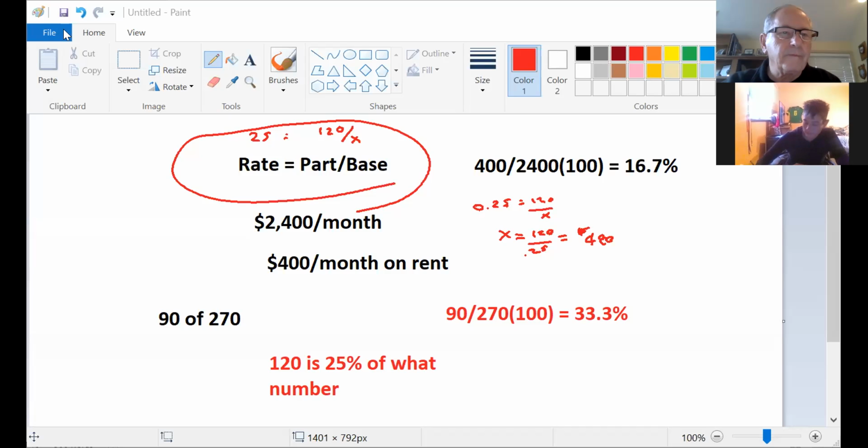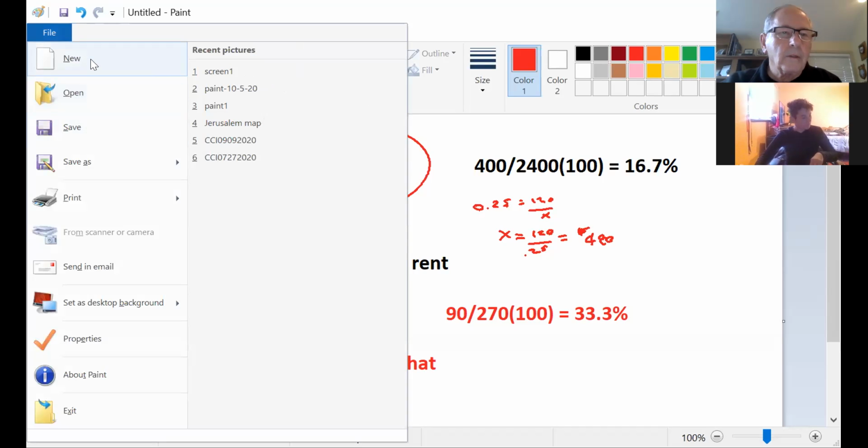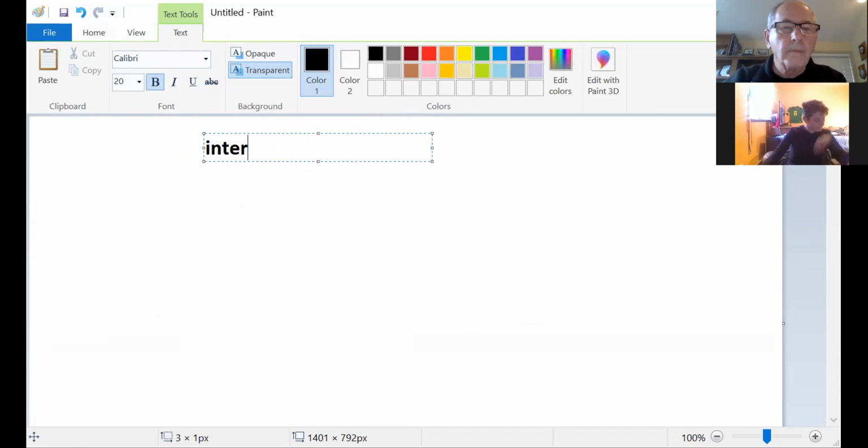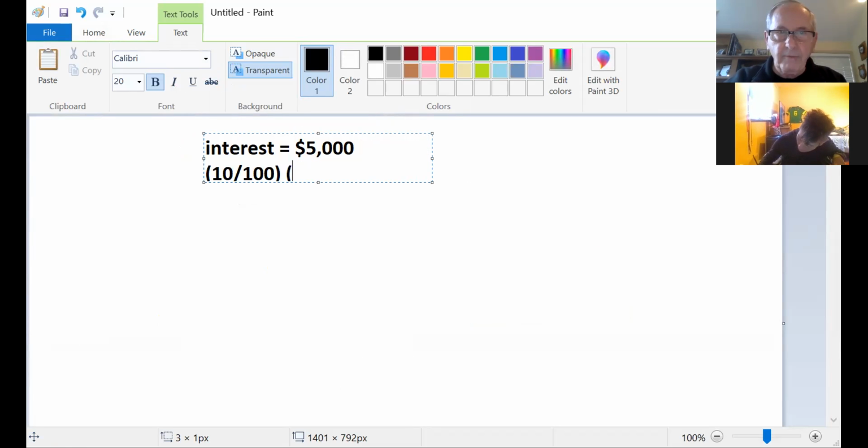Go to my whiteboard, get rid of this stuff. So the interest is just equal to principal, say it was $5,000, times the interest rate of 10%, which is 10 over 100, and then times the number of years, 3 years.